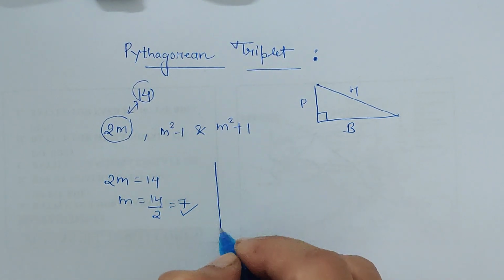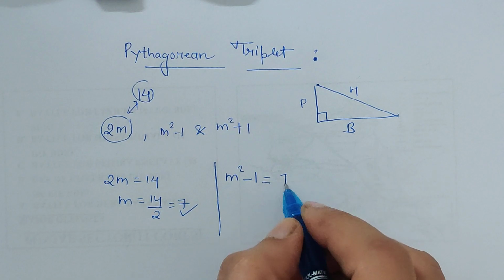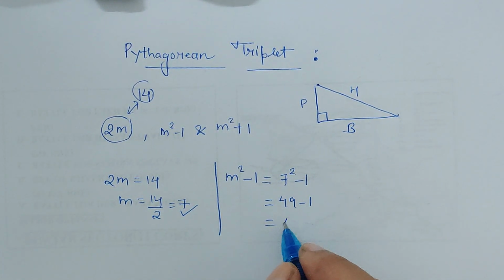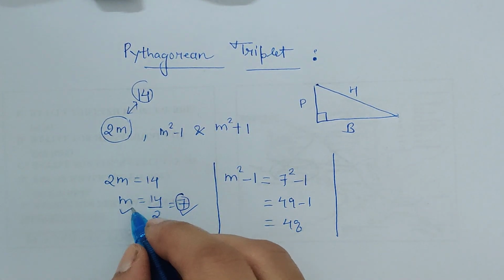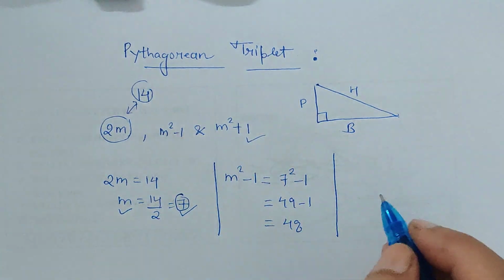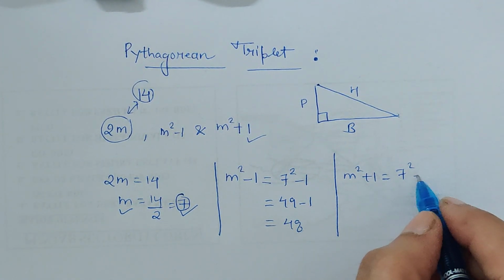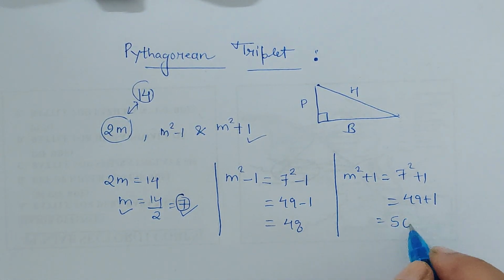When we substitute this value in the m square minus 1 expression, what do we get? 7 square minus 1, which is 49 minus 1, which is 48. Similarly, put the value of 7 in m square plus 1. So m square plus 1 gives us 7 square plus 1, which is 49 plus 1, which is 50.